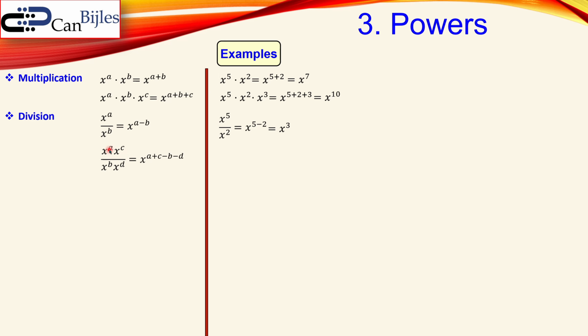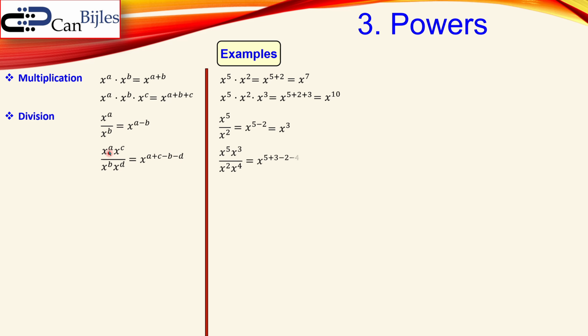Now we can also do that with a combination of powers, so x to the power a times x to the power c, which is this. You see here actually that the dot notation is gone because it is understood that this is a multiplication, and x to the power b and x to the power d are in the denominator. Now what you see is, since these two are in the numerator, they will be added up, and these are in the denominator, so you need to subtract them.